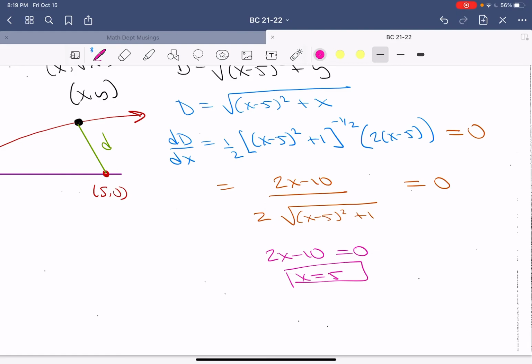Here I want to talk about using the first derivative test for extrema versus the second derivative test for extrema, okay? If I'm using the first derivative test, I'm going to end up plugging values of x into this. I wouldn't say it's a big fat pain in the butt.